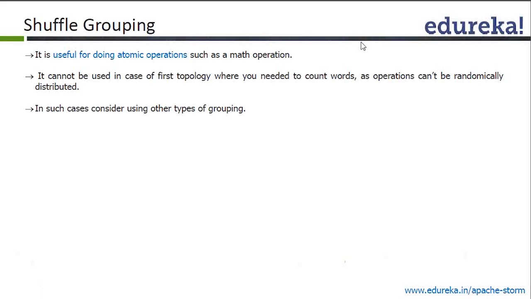That is the case where you do not need the count, or the records of other bolts. So the second case is the example where you can use shuffle grouping.